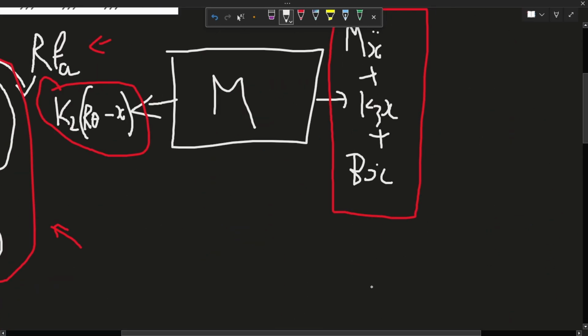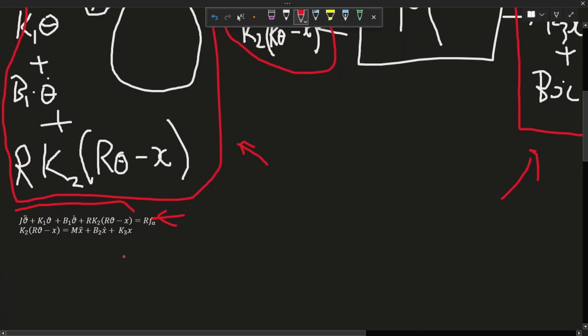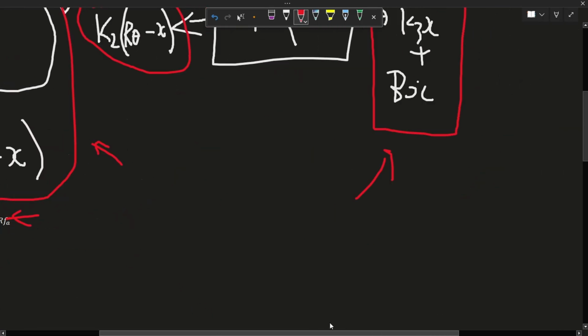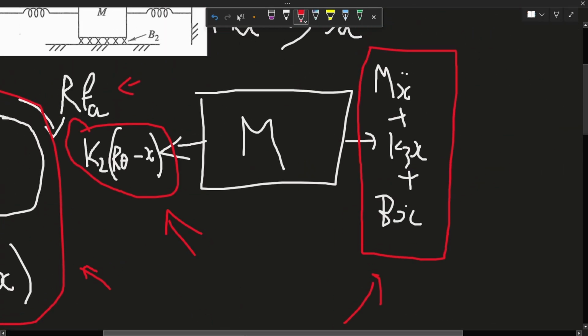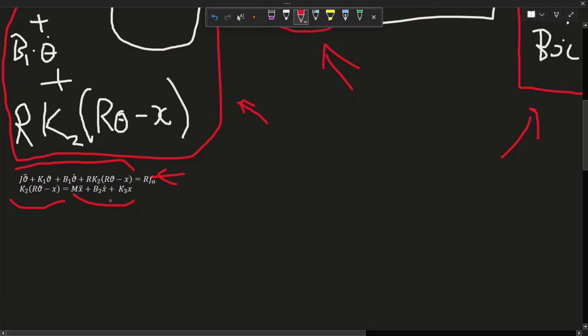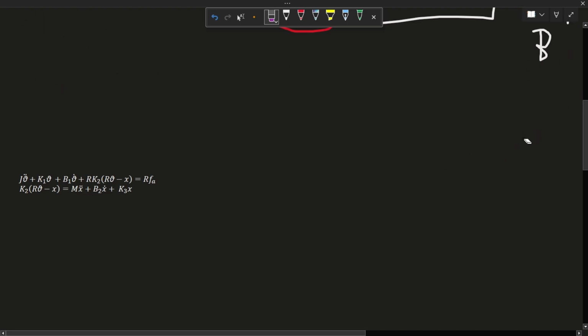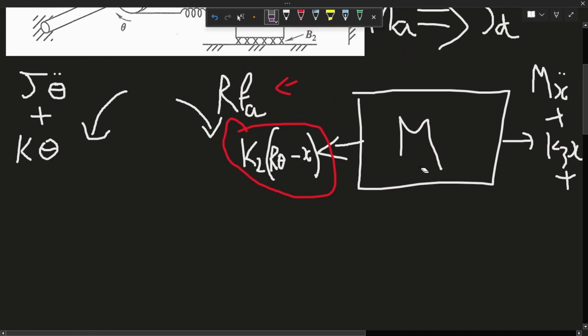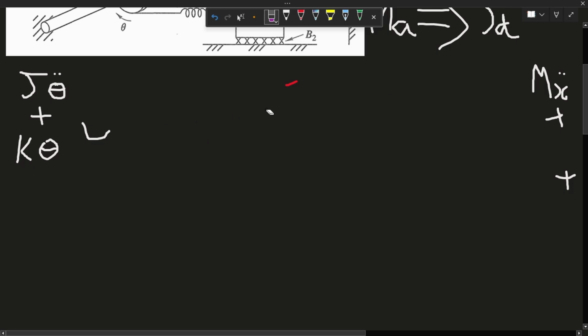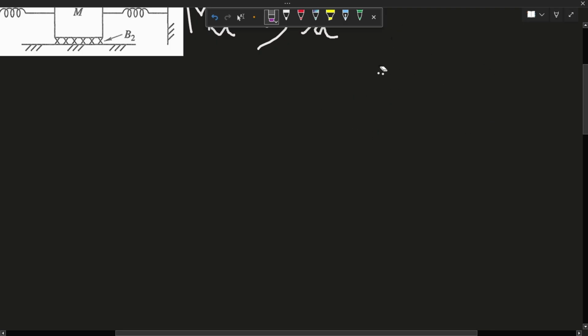Same thing with the M over here. Whatever's acting on the left side is over here. Okay? So, once you have these equations, you don't need your free body diagrams anymore. But your free body diagrams have to be correct. Otherwise, everything else is going to be incorrect in your solutions. You might get partial credit, but still.